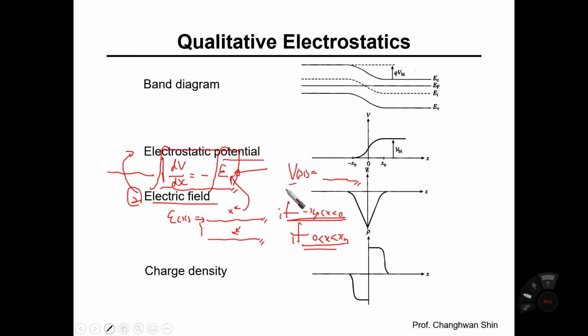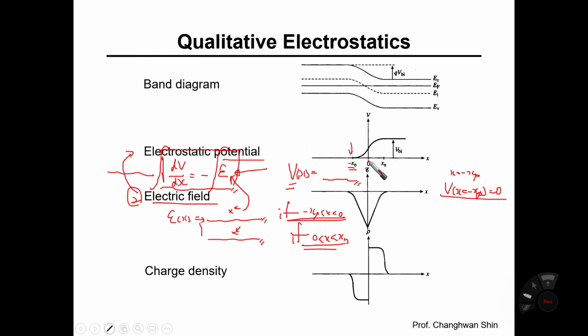Since this is a potential, you can define the reference voltage at any place. At any value of x, say at x of minus xp, the potential value is 0. So this is the reference point.